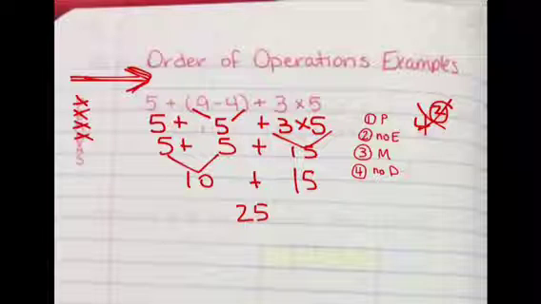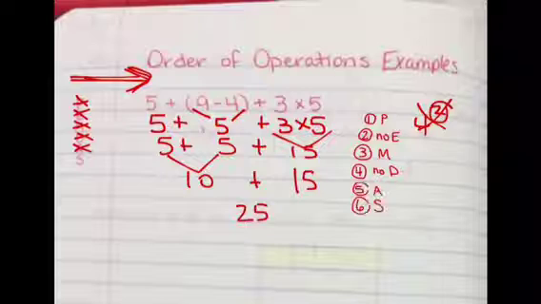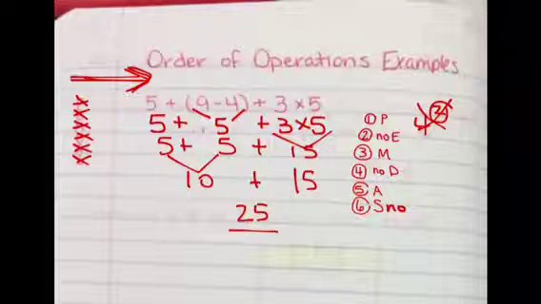And that's our final answer, because if you go look next, our last step would be to subtract, and there is no subtraction. So step 5 was the add step, and then step 6 there was none because there was no subtraction. And we're done. 25 is our final answer.